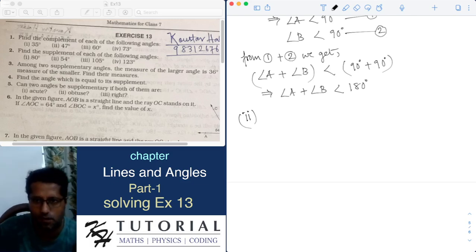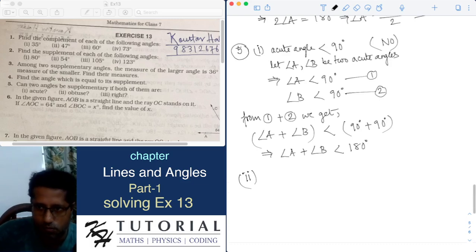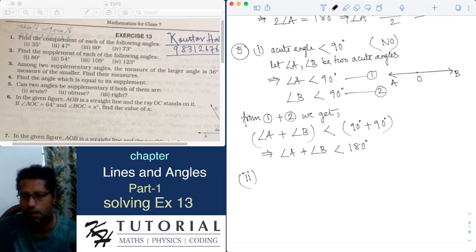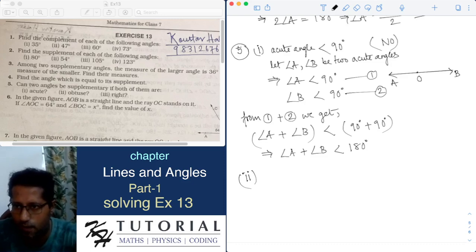Obtuse angle, I guess. So just as a reference, what is an acute angle? You have, let's say, the line AB, and you have a point O. An acute angle made on the line AB at the point O is something like this, OC.